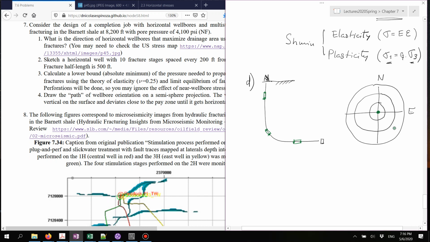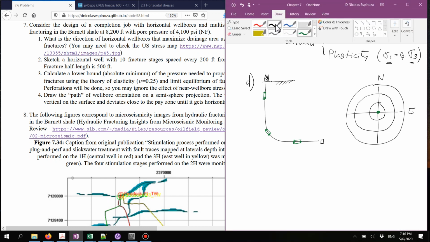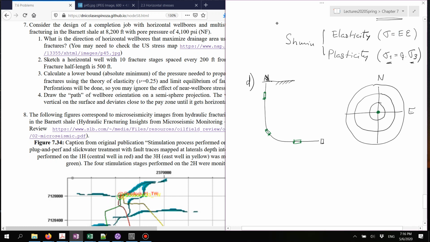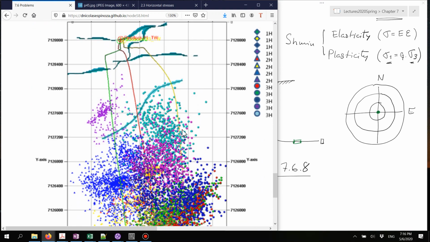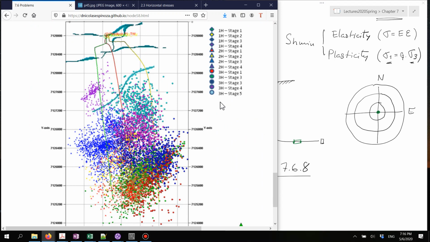All right, now let's go to problem 768. Problem 768 requires that you are able to interpret and understand a microseismicity plot.